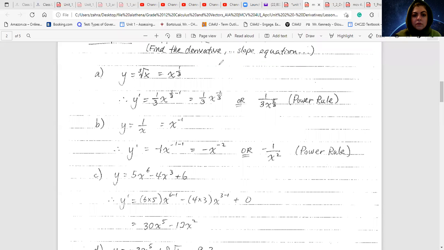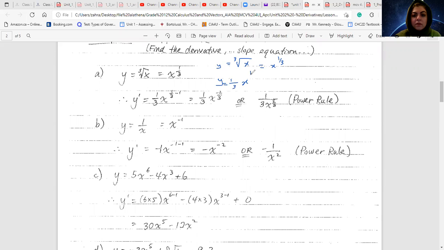Let's say I want to do y is equal to the cube root of x. First, you have to write this one as a power. I know root 3 is like power 1 over 3. Then I apply the rule. Power in front, the power is 1 over 3, right?